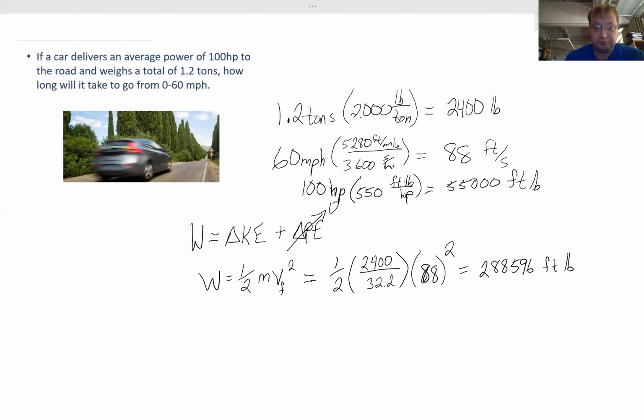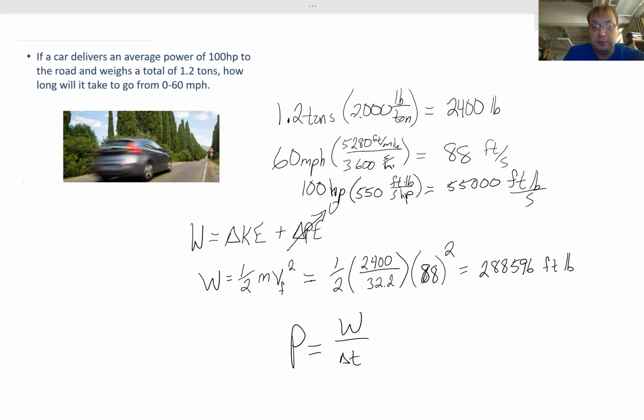So we have foot-pounds per second as a result. With this 55,000, we're able to now go with the definition that power is equivalent to the work divided by a change in time.